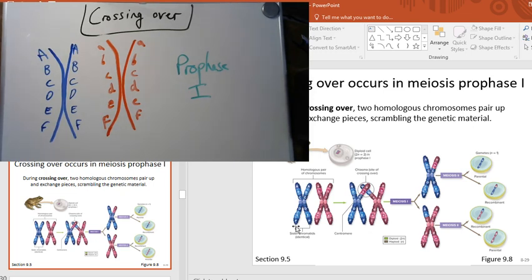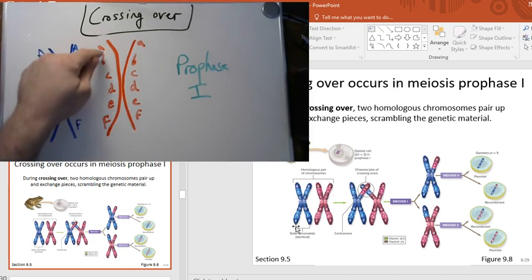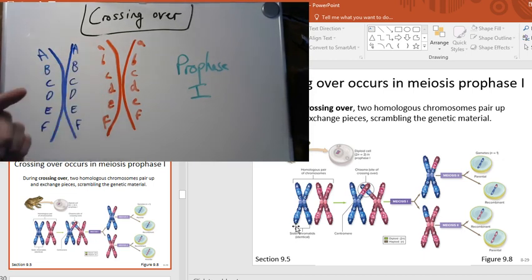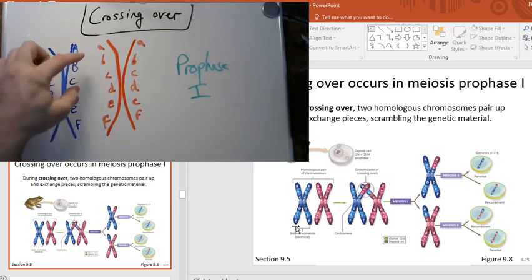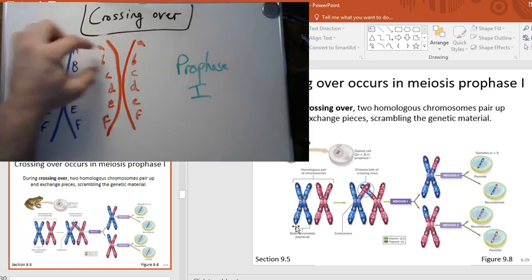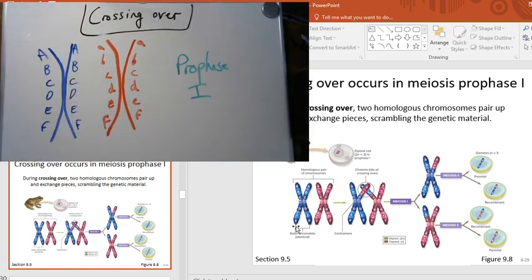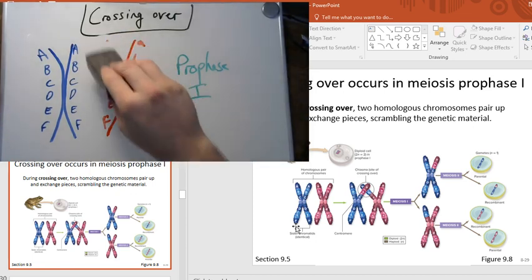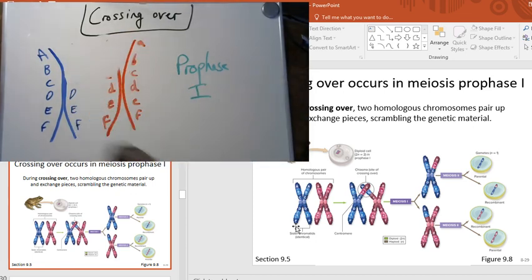That means that the letters ABC here are also ABC there. The sequence is different, but what can happen is the entire part of that leg is going to be switched. And that will mix up a little bit the alleles and the combinations that are possible.